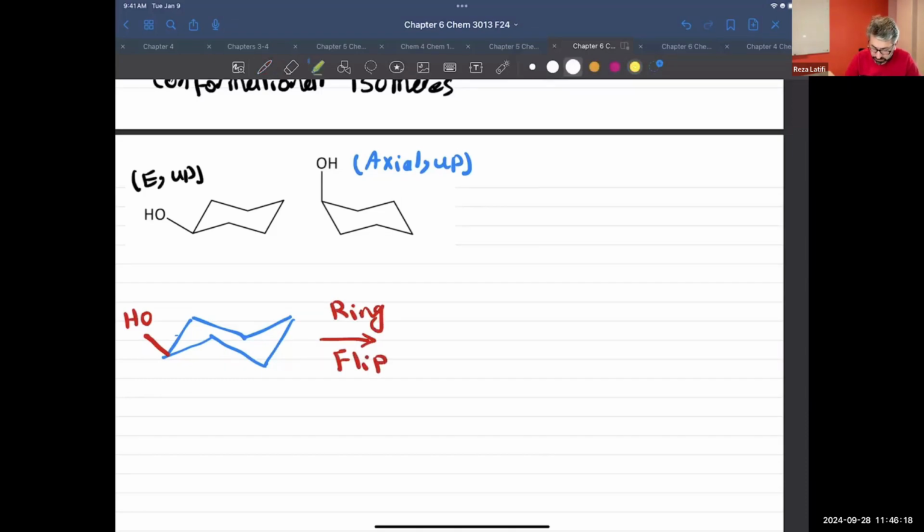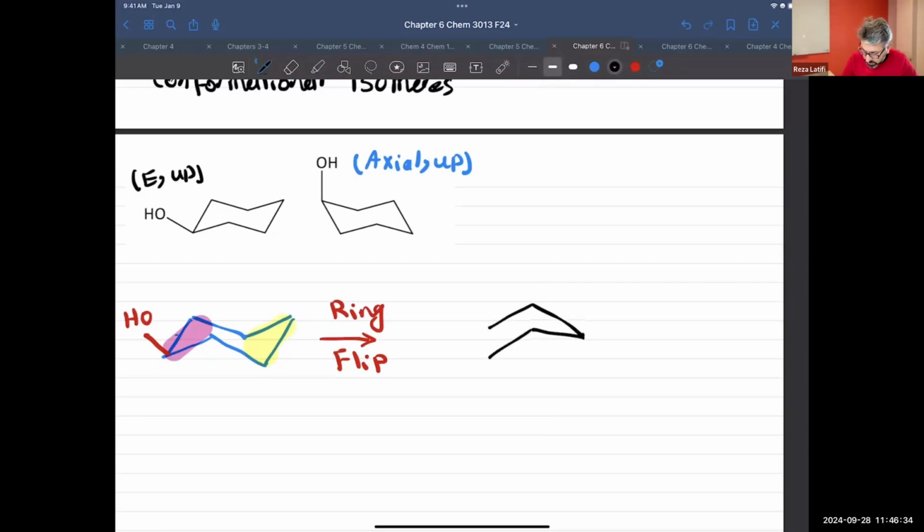If we do a ring flip, this part of the molecule will go down and that one will be pointing up. Now this one is pointing up, and the second side will be pointing down. Where is OH? OH used to be in equatorial position, pointing up.